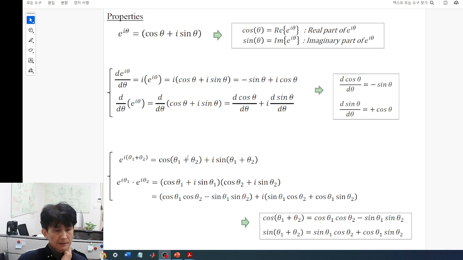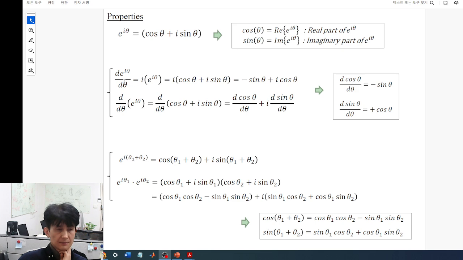So the addition of angles in the cosine and sine terms appears as a product in the Euler formula. This is the reason why we frequently use the Euler form instead of the sine and cosine functions. And the same is true for the derivative.